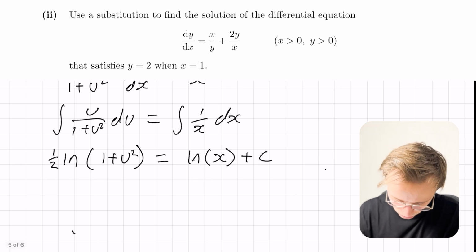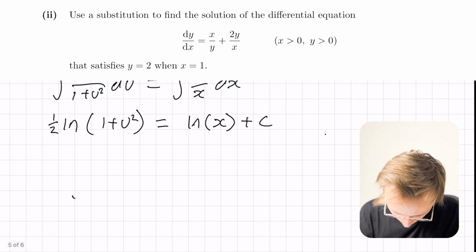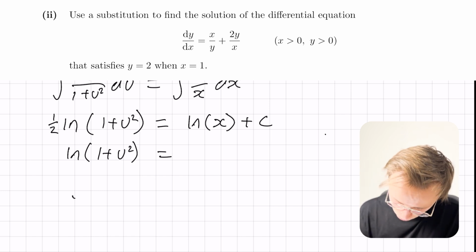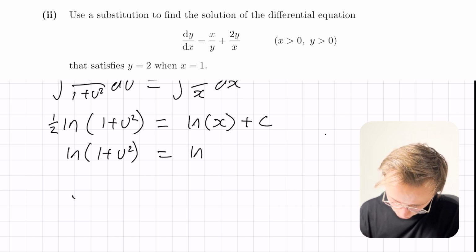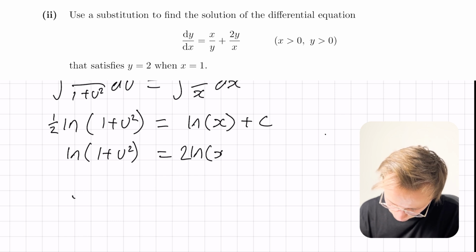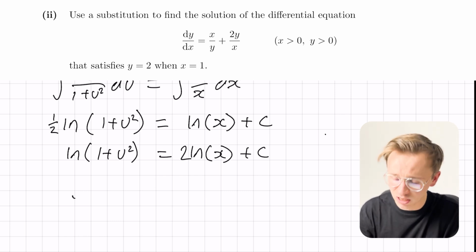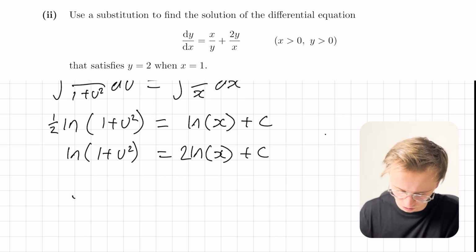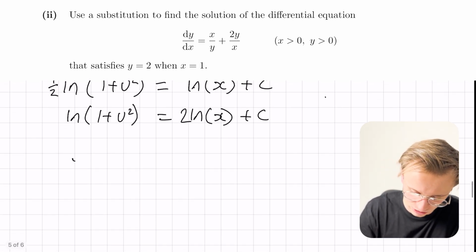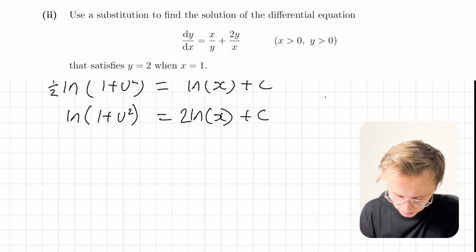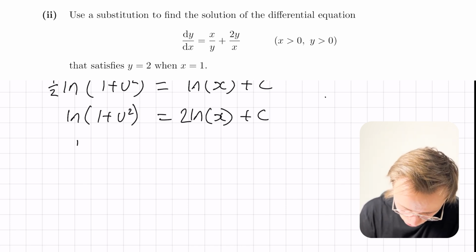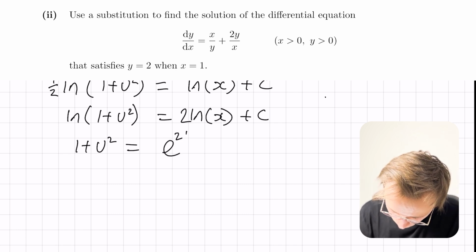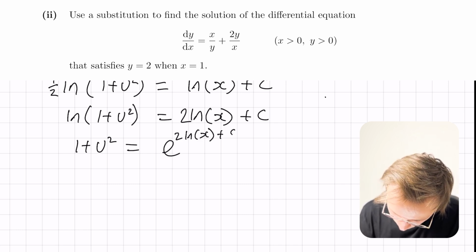Okay, so next I can multiply by 2: ln of 1 plus u squared equals 2 ln x plus c. I'm going to leave it as a constant c because I've just changed an unknown constant into another unknown constant. Want to get this in terms of just u, so 1 plus u squared is equal to e to the power of 2 ln x plus c.